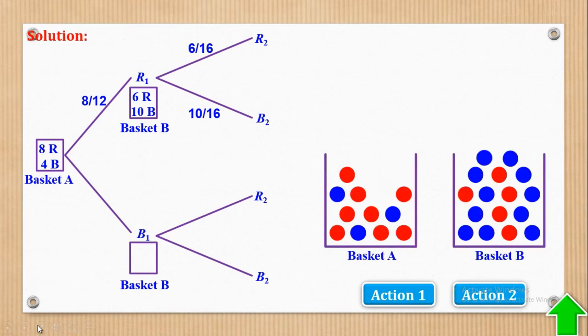If I put it there, it implies that now I'm going to have 5 red and 11 blue. Therefore, picking red will be 5 over 16 and the complement will be 11 over 16. So now that you have filled the tree diagram, we can go and answer the question.